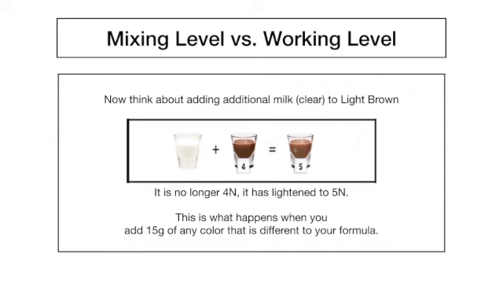This is what happens when you're doing hair color. When you add approximately 15 grams of any color that is different to your formula. Now, let me explain that a little bit further.